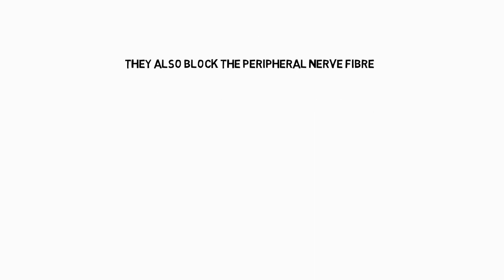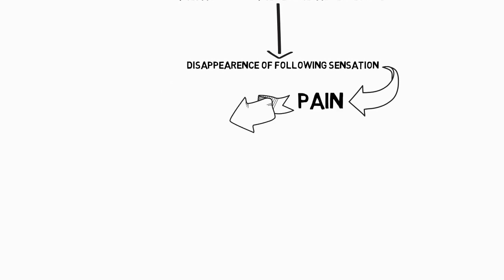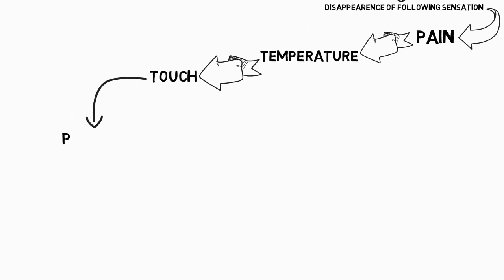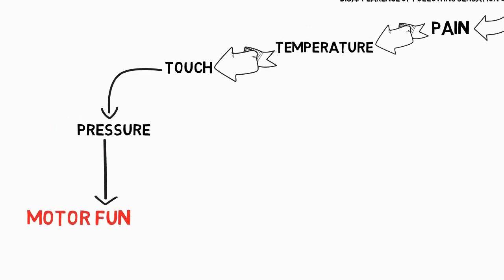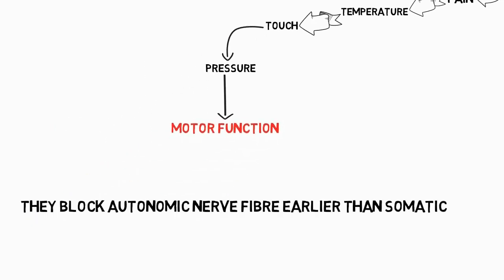They block the peripheral nerve fibers, leading to disappearance of sensation in the following manner: at first pain, then temperature, then touch, followed by pressure and motor function. They block autonomic nerve fibers earlier than the somatic.